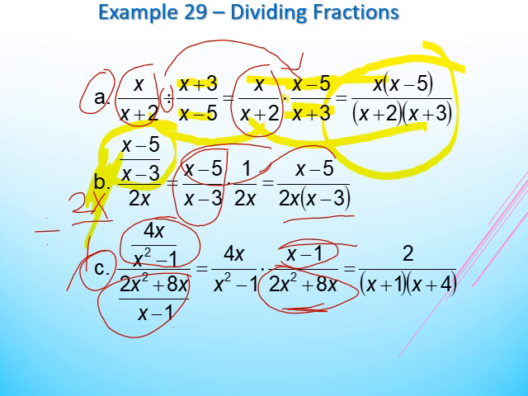Multiplying the two denominators by each other, 4x times x minus 1, and x squared minus 1 times 2x squared plus 8x equals x plus 1 times x plus 4. This is the result after simplifying.